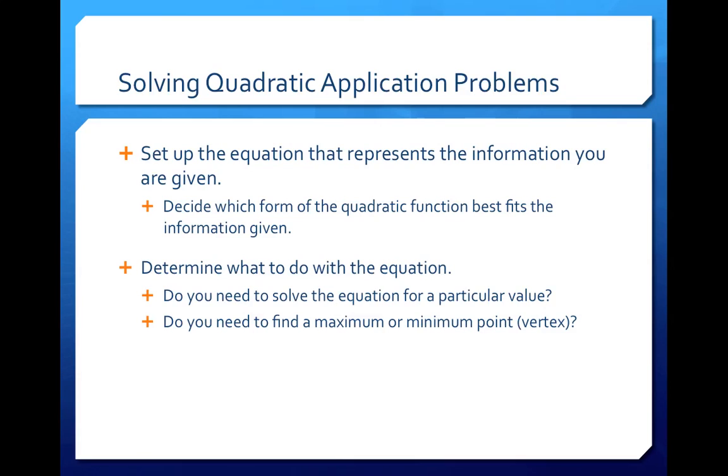Well, that is like the vertex point on your graph. So you're not really going through the process of solving the equation. You need to go through the process of finding where the vertex would be so you can figure out what that maximum or minimum point would be. And then you would proceed to use your equation to find whatever type of answer the problem is asking for.